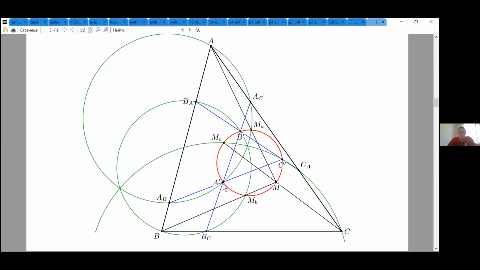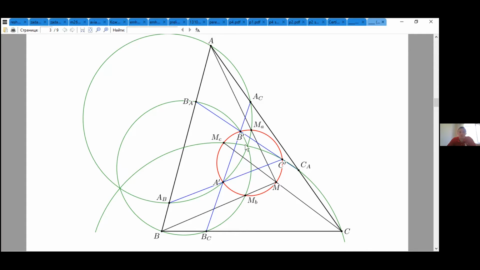Using this red circle, equalities of inscribed angles, and just angle chasing, we can easily obtain that these new points like AB and AC also lie on the circle through A, MA, and MA prime.